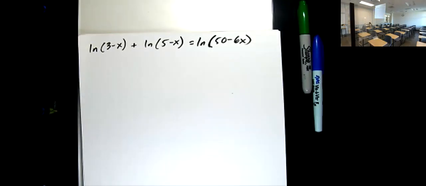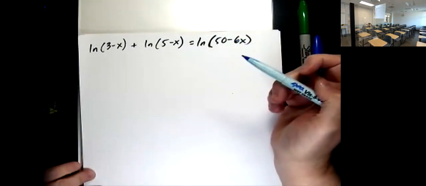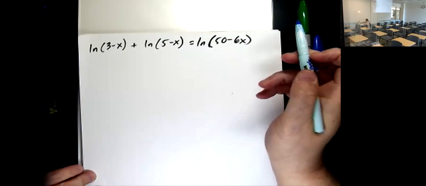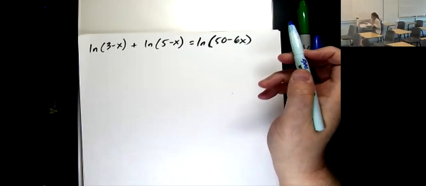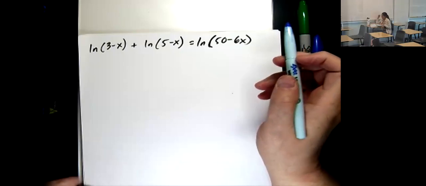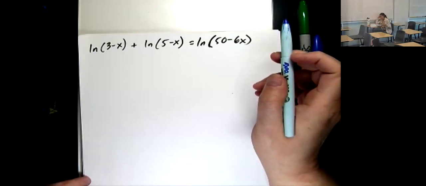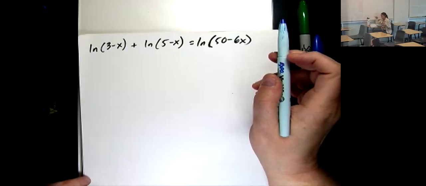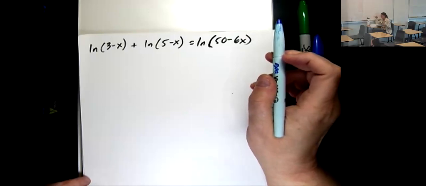Everyone get the start done? All right, so how do we start this shindig off? Like, yeah, combine 3 minus x, 5 minus x.